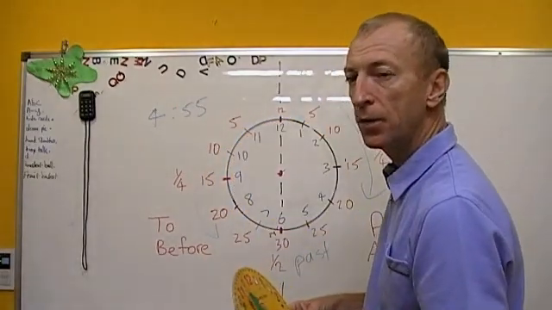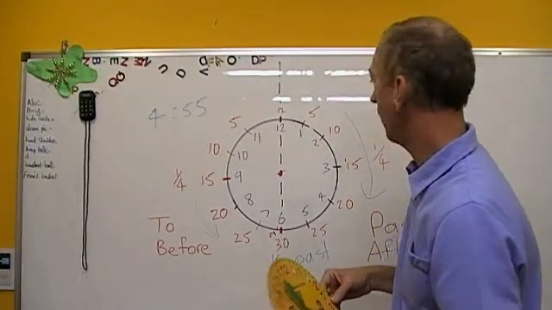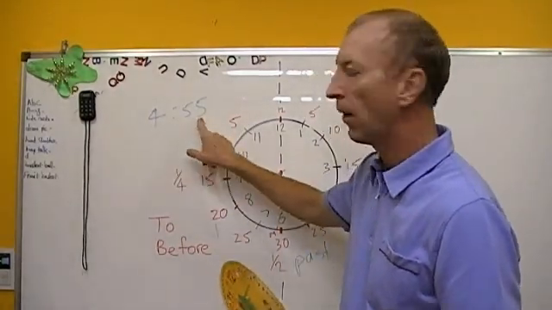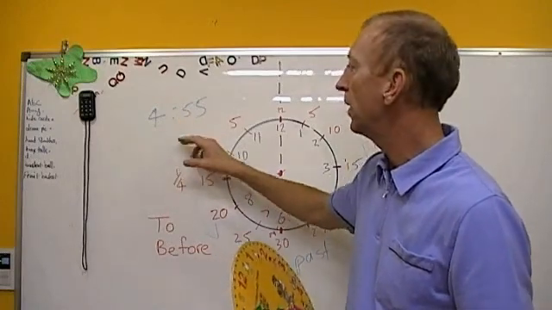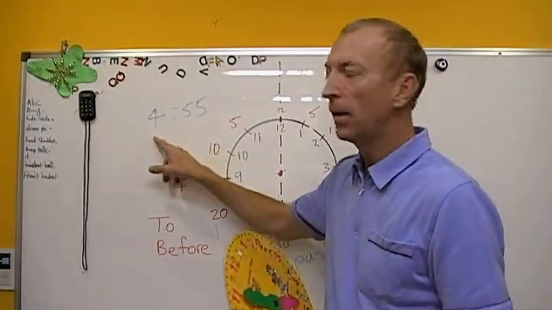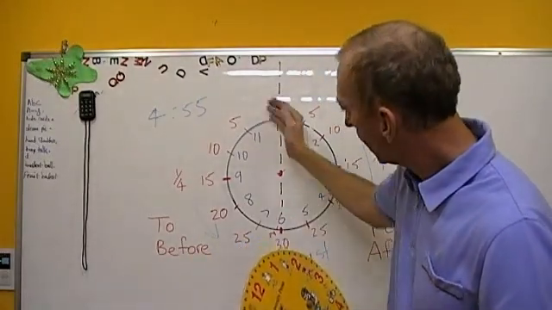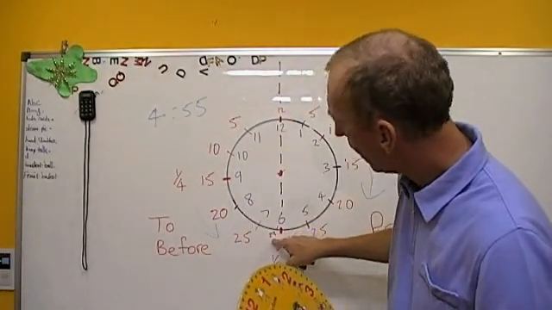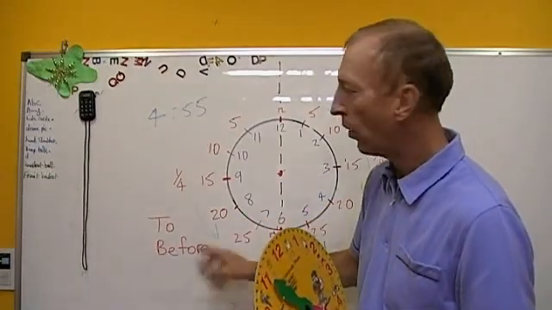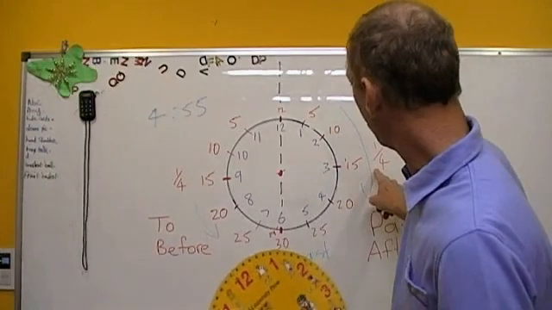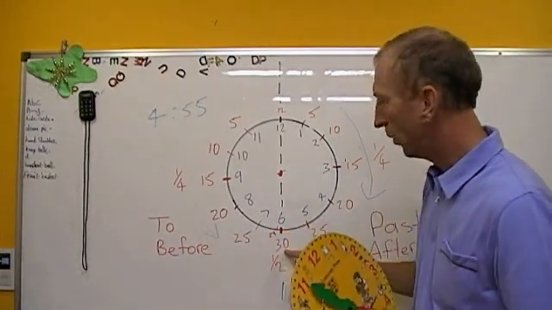Okay, so there are the 2 ways of telling the time. The first method is quite simple. We just read from left to right, 4:55. The second method is a little bit different, because we need to divide our clock down the center, counting back to 29 on the 2 side, on the left hand side, and everything down on the right hand side here is up until the 30.